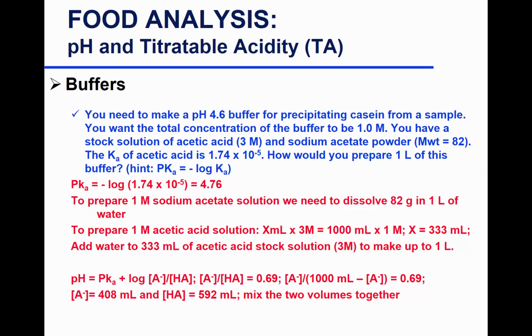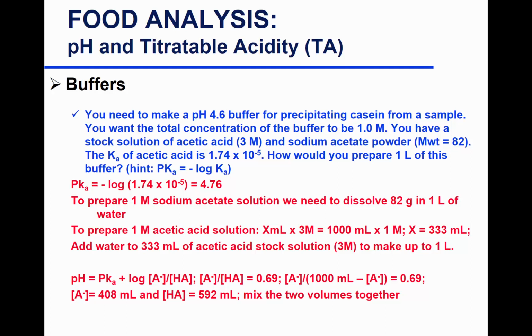To prepare 1 molar acetic acid solution from 3 molar acetic acid stock solution, that means C1V1 equals C2V2, and then solve for X, you get 333 milliliters. And then you make it up to 1 liter.